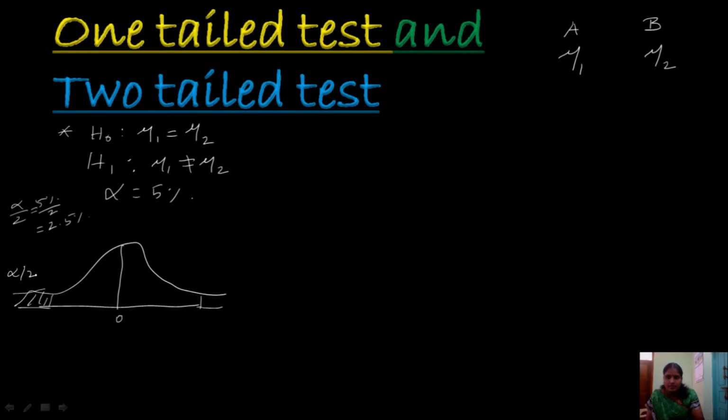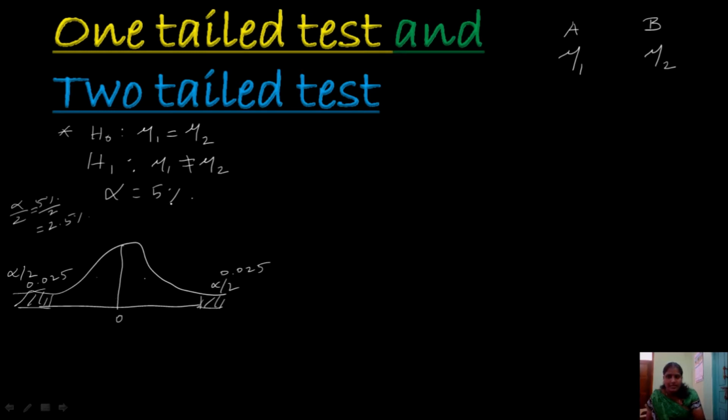This is the region alpha by 2 that falls in the two tails of the normal curve. That means alpha by 2 is 0.025 in decimals. Actually, the area under the standard normal curve is exactly equal to 1. That is, it has 0.5 on the left hand side and 0.5 on the right hand side.